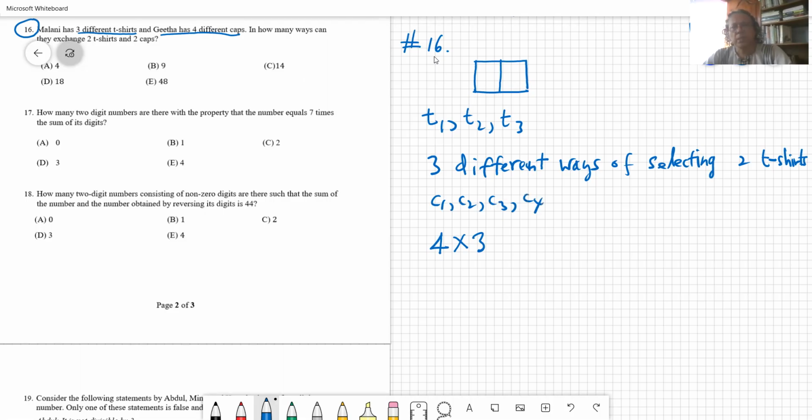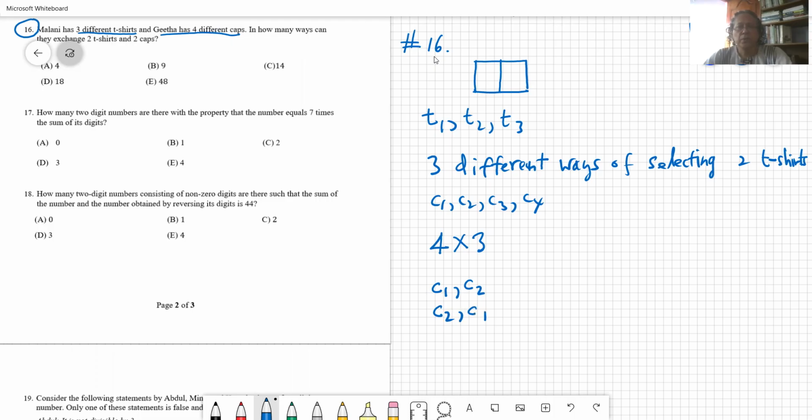Now, we could select the C1 cap in one of these 4 ways, and then C2 as one of the caps in these 3 ways. So C1 and C2. But we could also select C2 as the first cap, and C1 as the second cap.